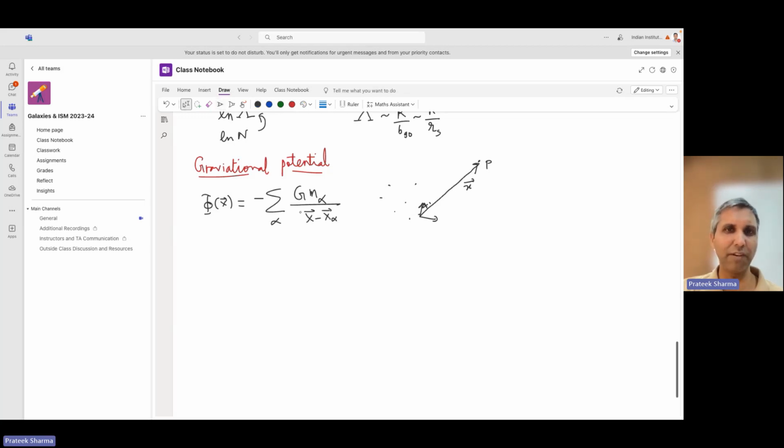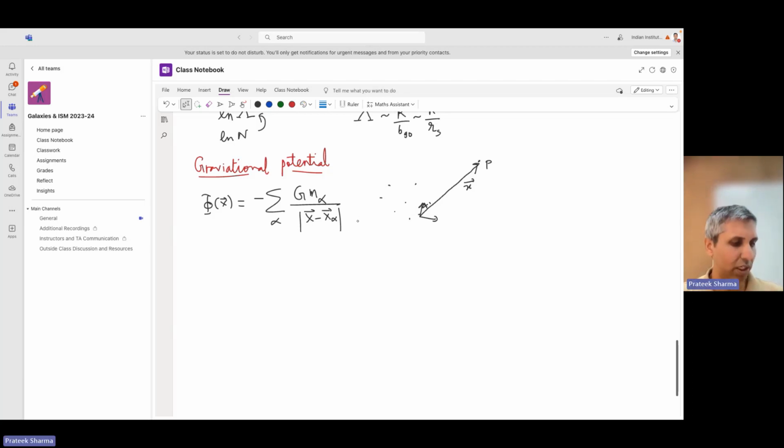You have encountered this all the time, so you don't have to bother at all. So this is the gravitational potential at point P due to these masses which are labeled by alpha. You sum over all those and you get the gravitational potential.